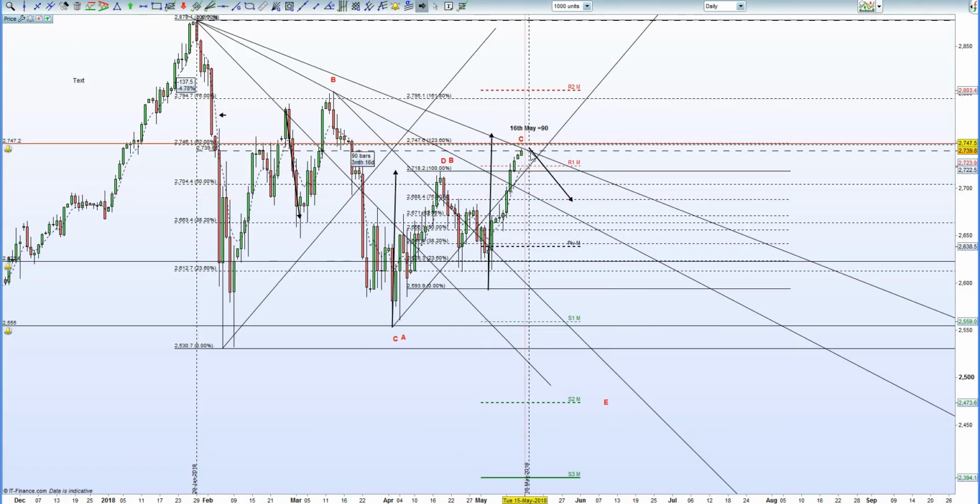And then if that resistance and those Fibonacci measurements hold and square out with a 90-day cycle count, and we get a rollover, that could possibly mark the end of this bullish C wave on this chart higher, and then we can see possibly a move lower. And that's my call.